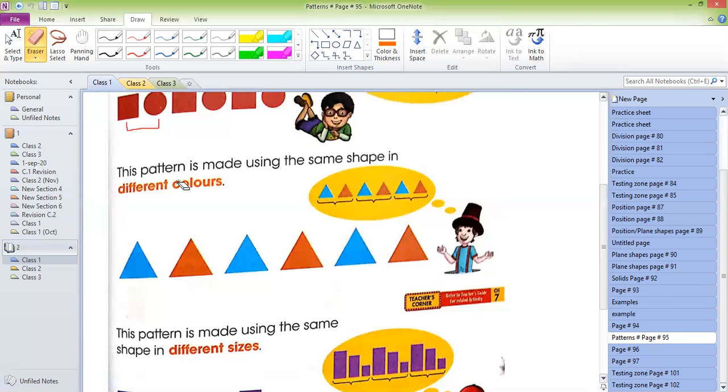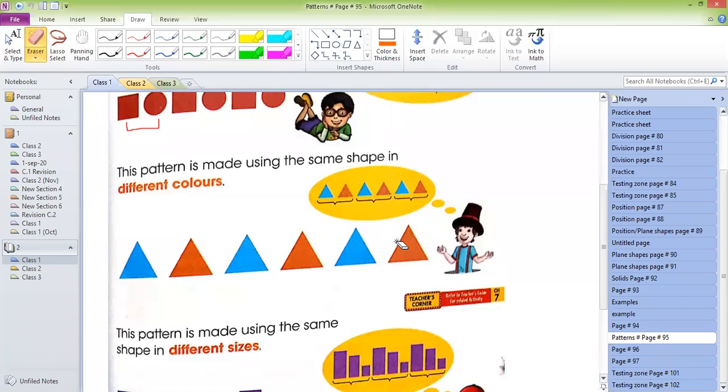The first triangle is blue, the second triangle is orange. Again blue, again orange. So this pattern is made up of two colors. The first one is blue and the second one is orange. After these two colors, the pattern is repeated again and again. Blue, orange, blue, orange, and it will be continued like that.